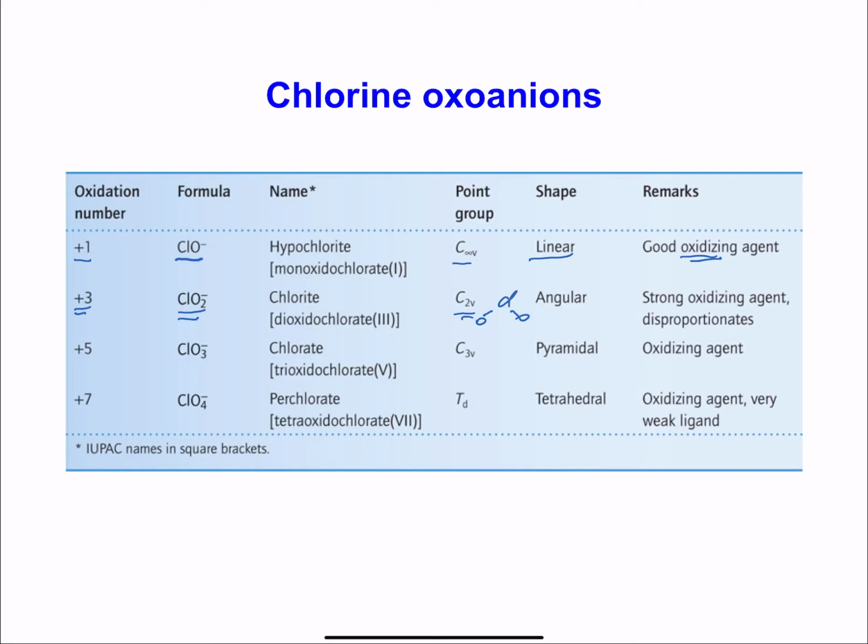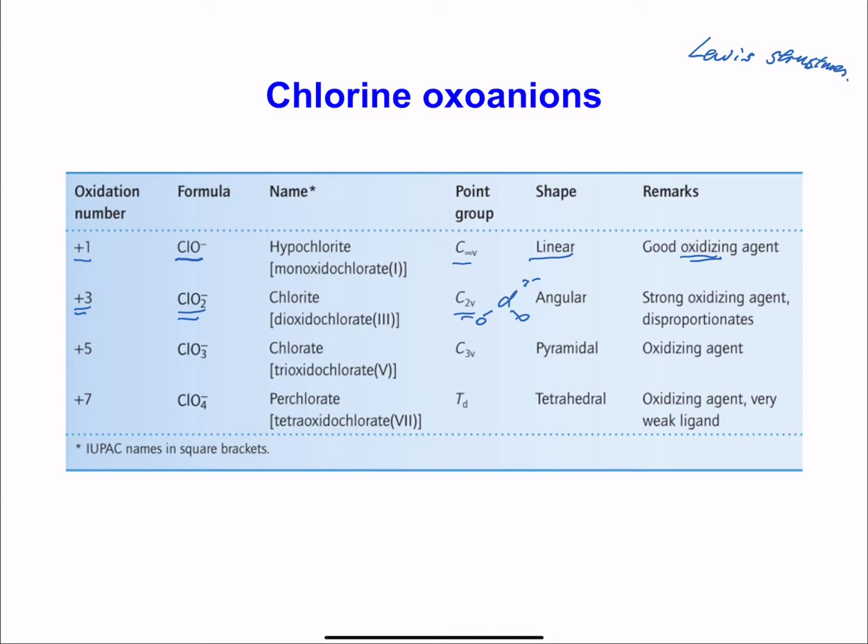When you increase the oxidation state of chlorine, you can form ClO2 minus. That's chlorite, and it's C2V, like this structure. That's an anion. But make sure you can write down the Lewis structure for this anion.